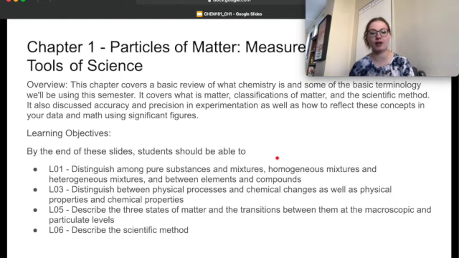We'll get to the 3 states of matter and what we call those transitions, as well as what those transitions and states of matter look like at the macroscopic level, so when we're looking at it with what we can experience with our eyes in the real world, versus what's actually happening at the particulate level, the atomic and molecular level. We'll also talk a little bit about the scientific method in these slides.